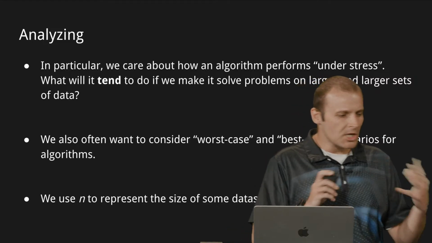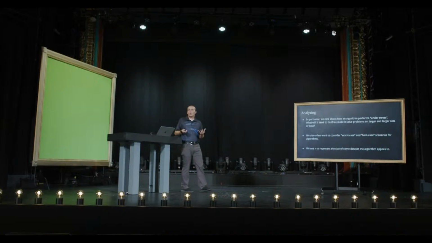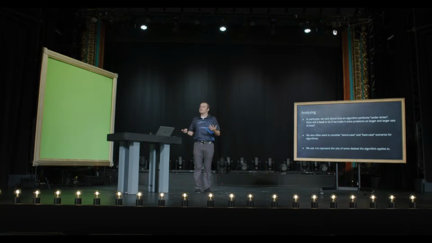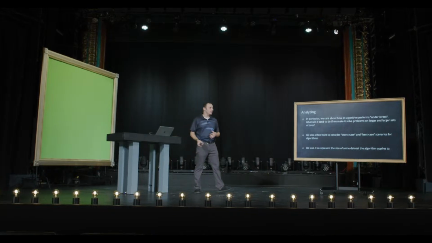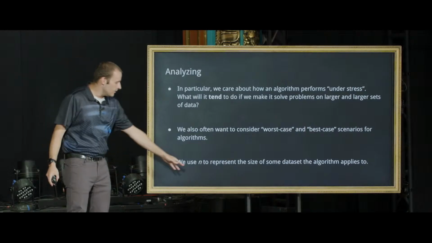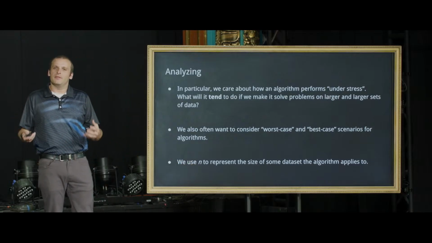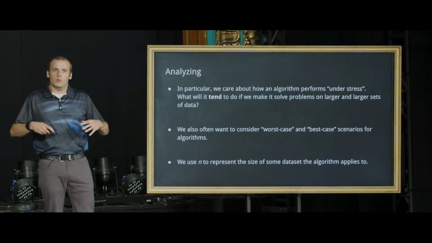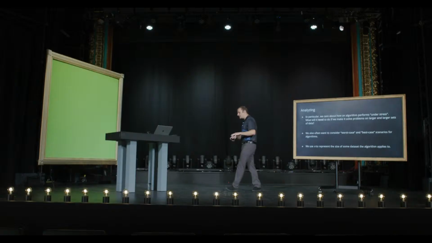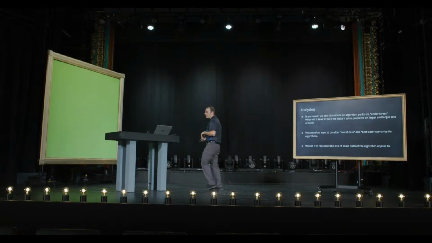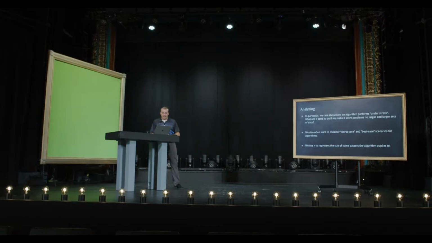And whenever we're talking about an algorithm, algorithms are always operating on some data, some inputs, and yielding some output. And we use the letter n, or the variable n, to represent the size of the data that we are working with. So you'll see that term, the mathematical variable n, come up a lot.